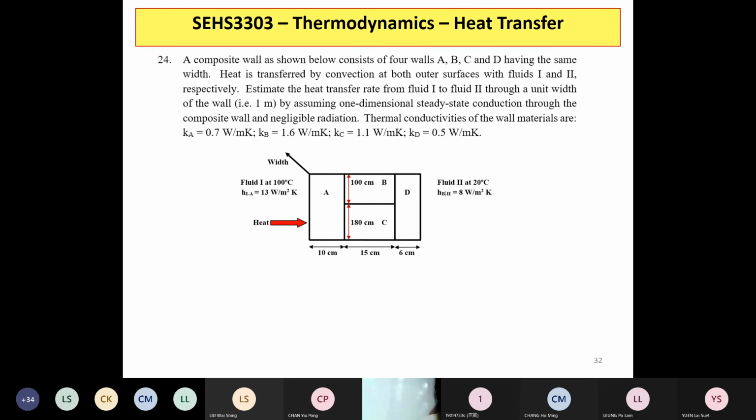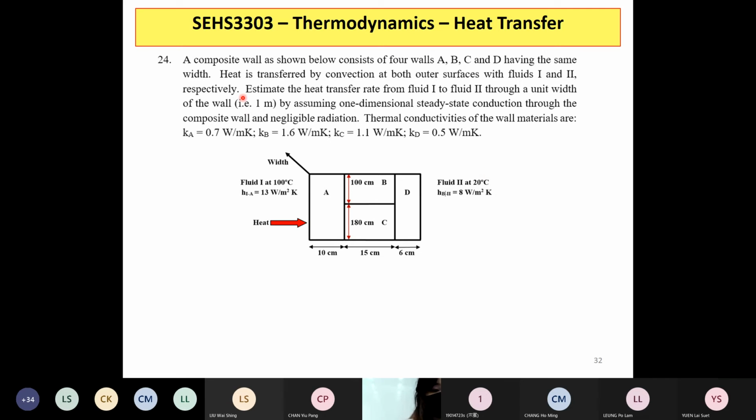Okay, another tutorial. That should be the class tutorial question 24. We have a composite wall as shown here, which consists of 4 walls with different materials A, B, C, and D. They have the same radius. Heat is transferred by convection at both outer surfaces with fluid 1 and fluid 2. So we have the convection, conduction, and convection system.